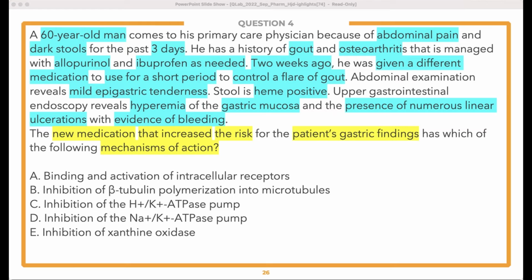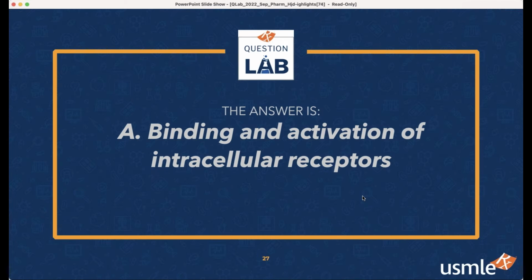So let's hide those results and reveal the answer. And the answer is answer choice A, binding and activation of intracellular receptors. So that was the fourth place vote getter. That was a tricky one. Let's figure out what happened on this one, Pars.